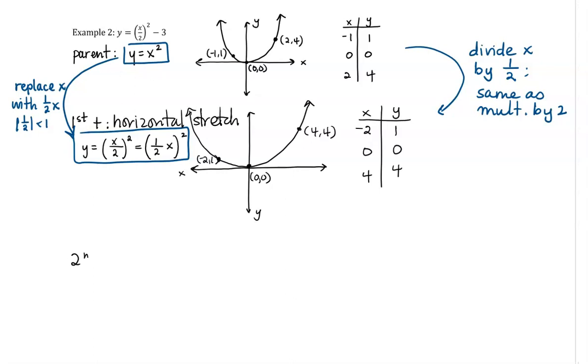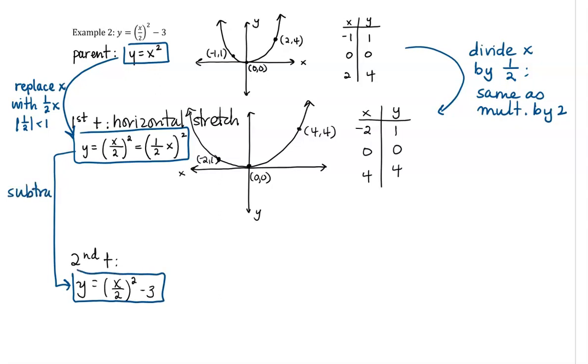The second and final transformation is whatever this -3 is doing on the outside of that x over 2 squared. To figure that out, we're looking at the difference between this equation and this equation. We're asking, how did that equation change? We can see that the equation changed by us subtracting 3 on the outside of the function.